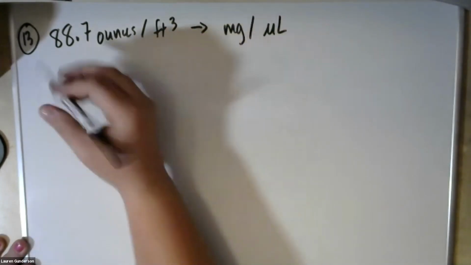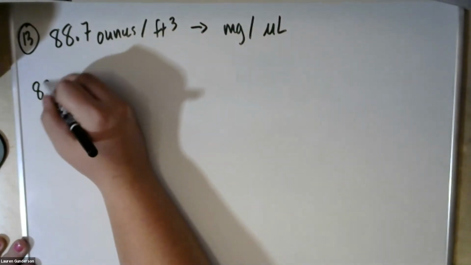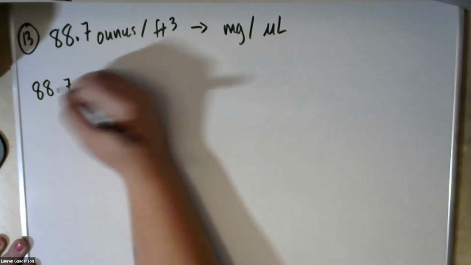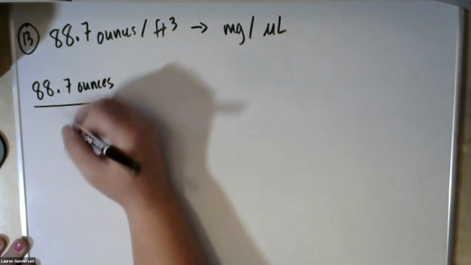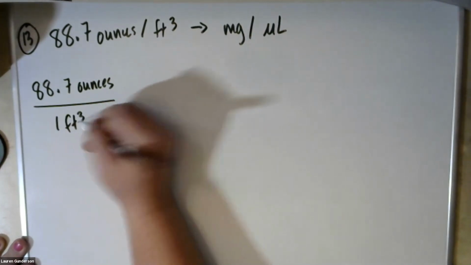Okay, so I have my first step here, 88.7 ounces per 1 cubic foot.